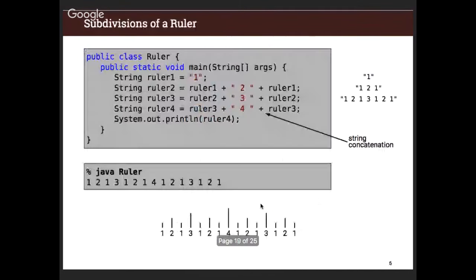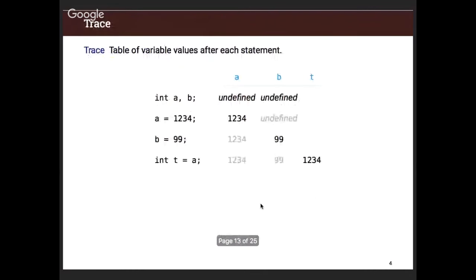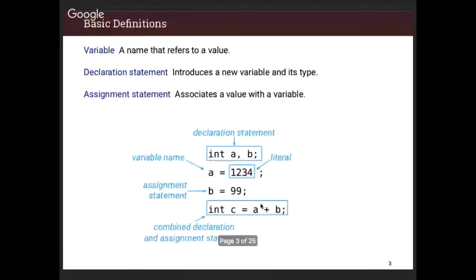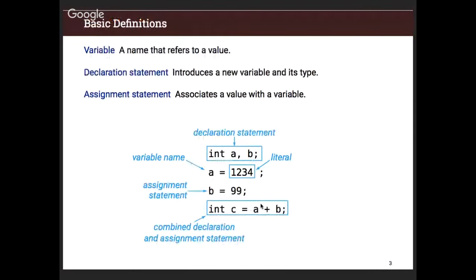So when we write an assignment like C equals A plus B, C on the left-hand side is the target of our assignment. It's the box we're putting something into. It'll always just be a name for now. The right-hand side is some expression that Java is going to evaluate, find the final value of, and put that value in the box.